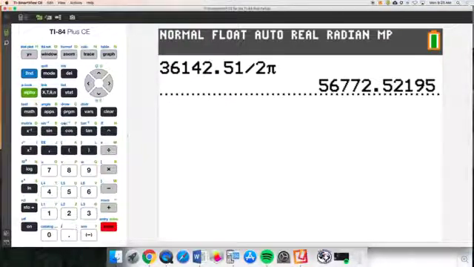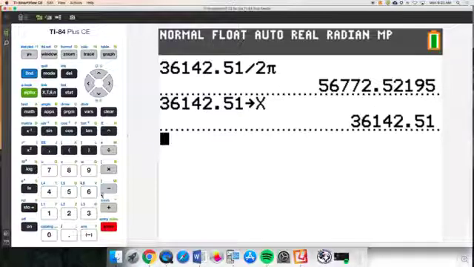So here's what you do, one of two things. If you are heck bent on using the diagonal, then you either say 36142.51, which I'm going to store as x because I'm tired of typing that in. You either take that number and you divide it by the quantity 2 pi, in parentheses. So now, PEMDAS, parentheses first, it's going to multiply this and then do the number divided by that.